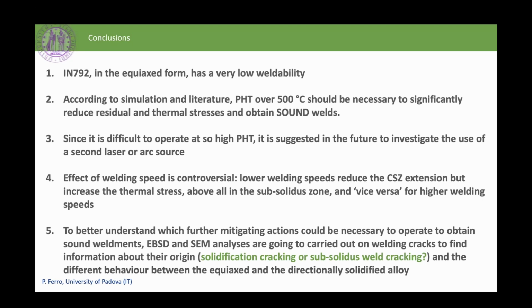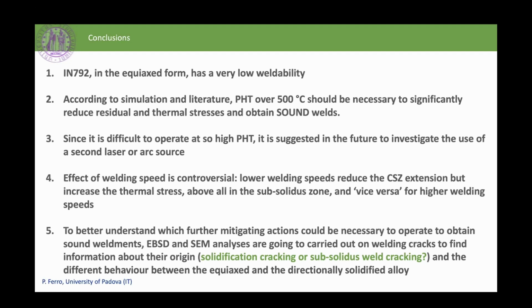But unfortunately, it is very difficult to operate at such a high preheating temperature in laser welding. So another possibility that we will explore in the near future is to use a second laser or arc source in order to preheat or post-heat the weld bead.